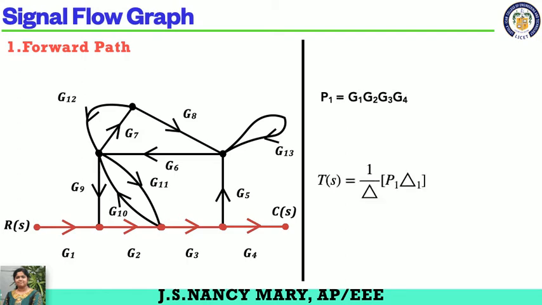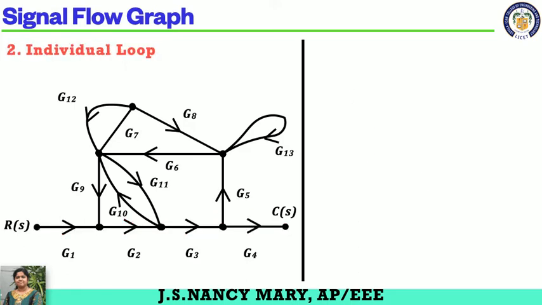The next step in the signal flow graph is to find the individual loops. If you look at this, one loop is G13 alone. So P11 is equal to G13, and then you have G7, G6, G8, which will be P22.